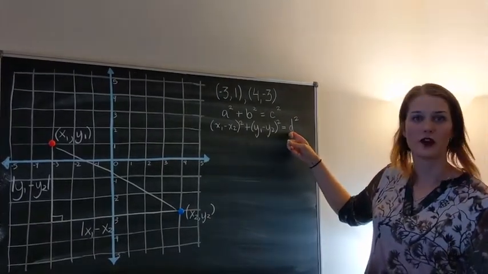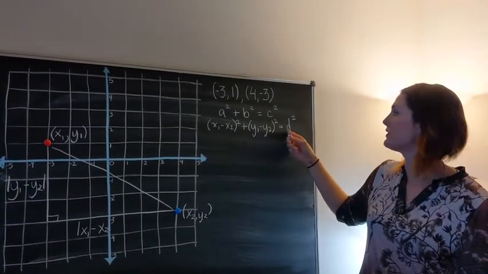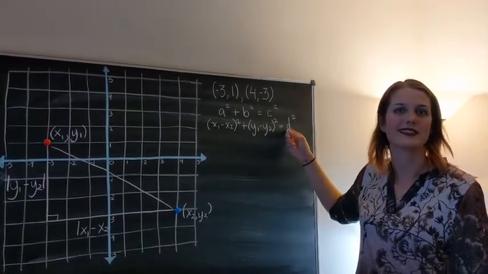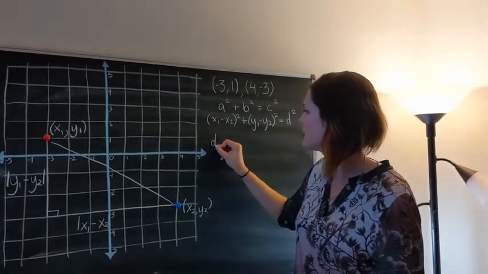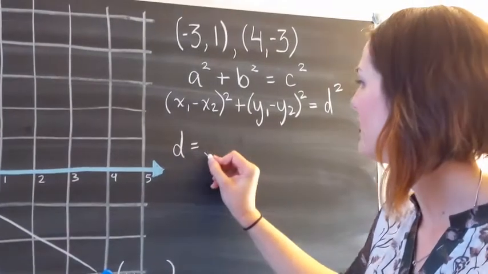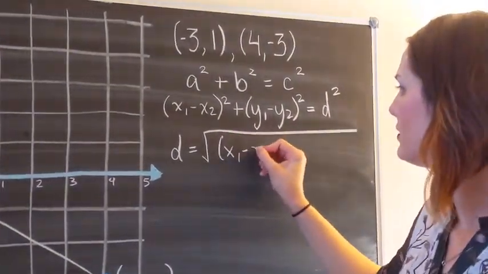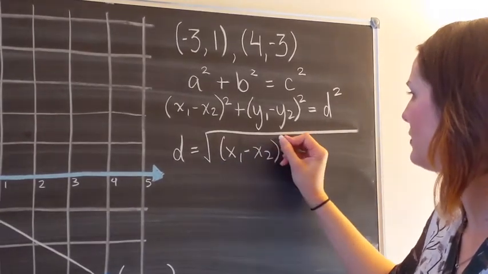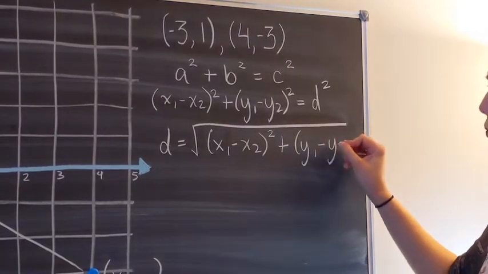Now if I want to solve this for d, all I have to do is take the square root of both sides, and that'll give me my one unique answer, since the distance has to be a positive number. And that gives us our distance between these 2 points, d, as the square root of (x1 - x2) squared plus (y1 - y2) squared.